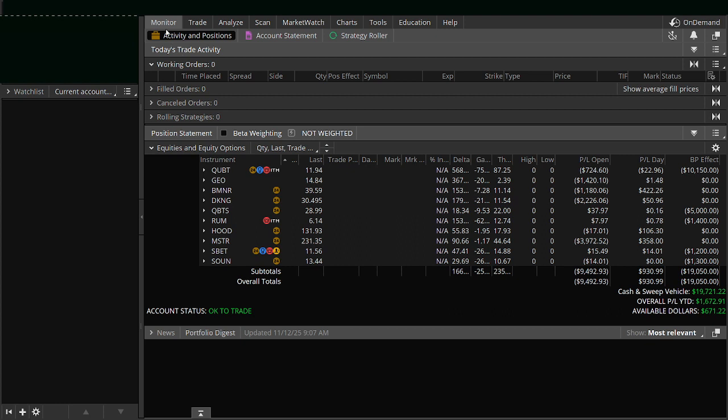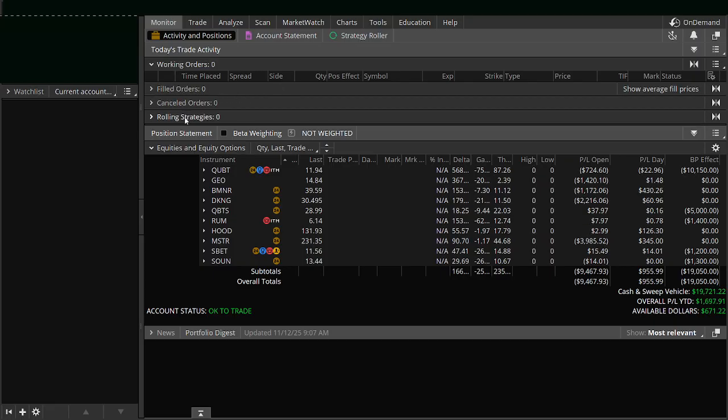You'll be wondering what's going on, and you come over to Monitor and you'll see here that it's stuck in working order. I typically wait about 30 to 60 seconds, and if the order has not hit, then I just right click or just hit cancel, and then I'll come back over to trade and resubmit that.